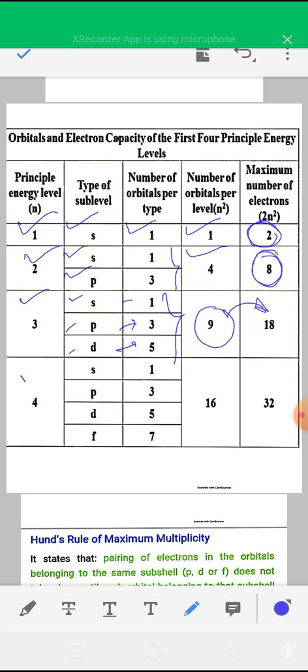Similarly, in the fourth shell, 4s, 4p, 4d and 4f subshells are possible, and the s subshell has only one orbital, the p subshell has 3, the d subshell has 5, and the f subshell has 7 orbitals. So the total number of orbitals in the fourth shell is 16, and the total number of electrons in the fourth shell will be 32.